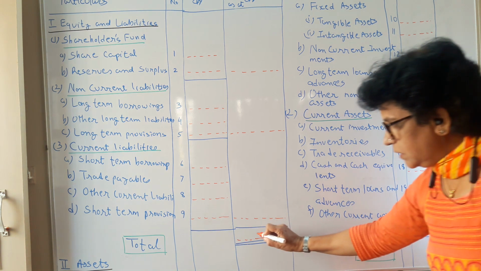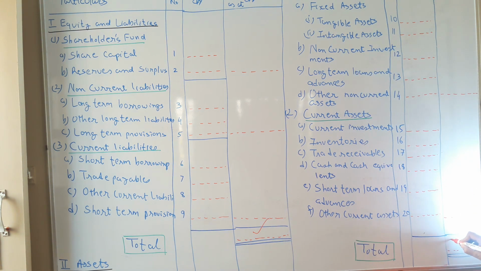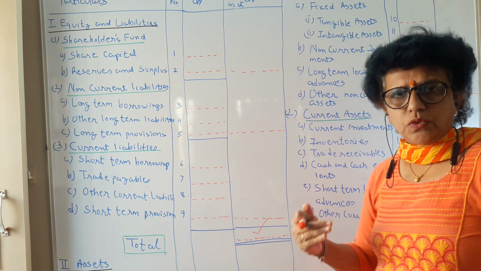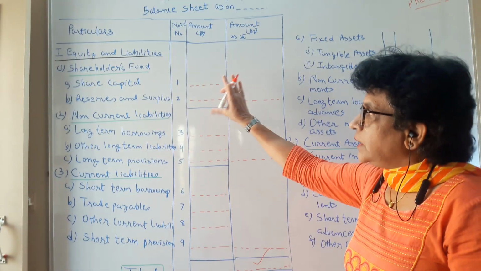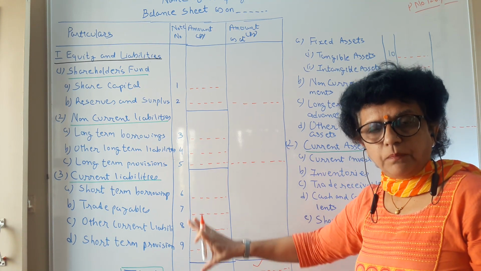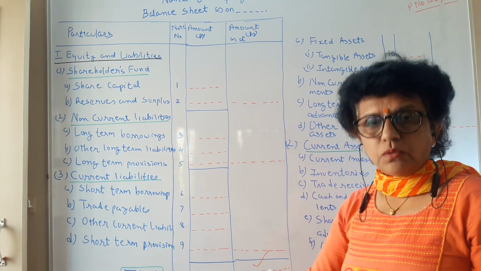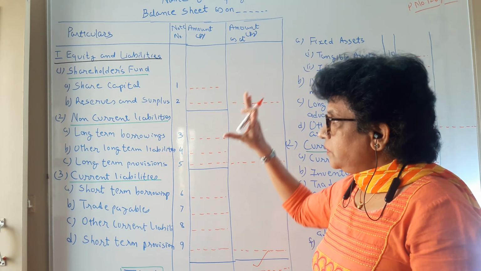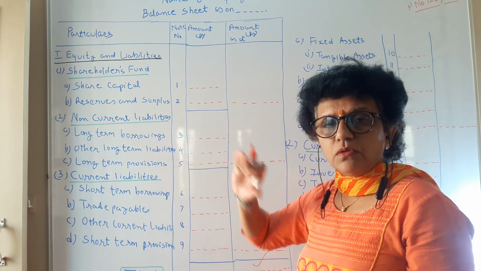So this total of liability and this total of asset need to be equal. So from the information given to you, you have to put the right figure into the right structure, into the right place. So what a student has to do, you have to memorize. There is no other option.